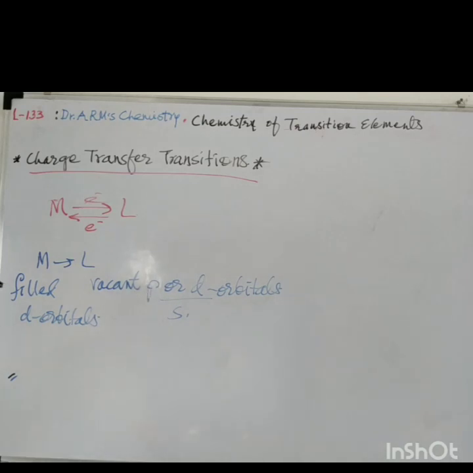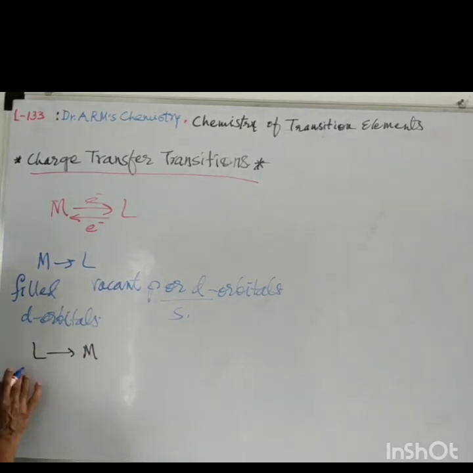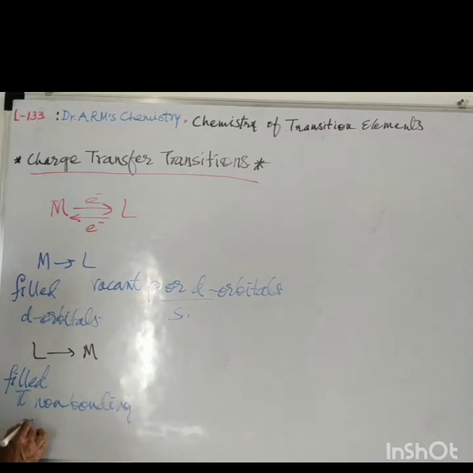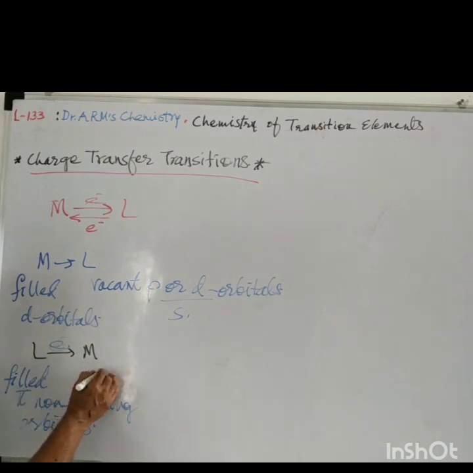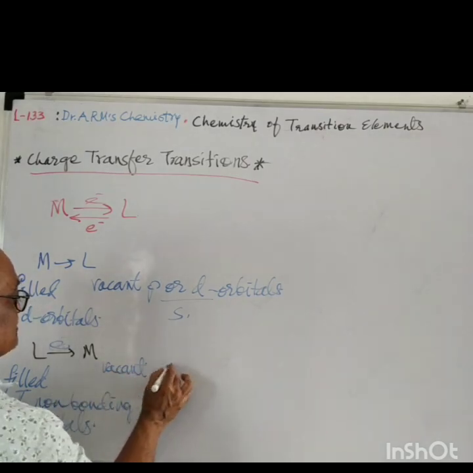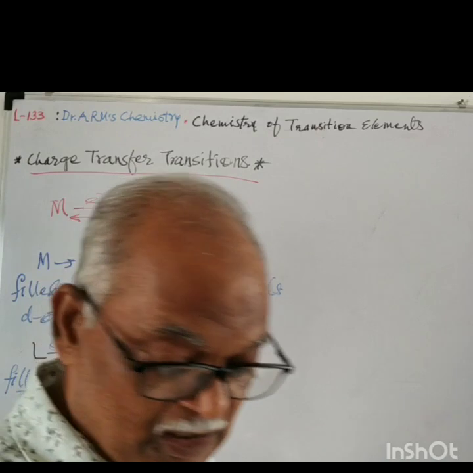Then if the transitions are taking place the other way, that is, ligand to metal, the ligand has filled pi or non-bonding orbitals, and these show migration of electrons to the vacant orbitals of the metal ion, which are either pi star or sigma star.